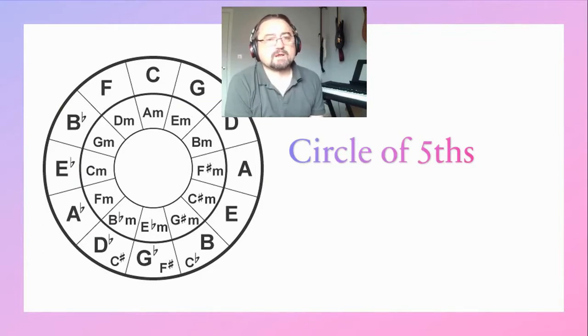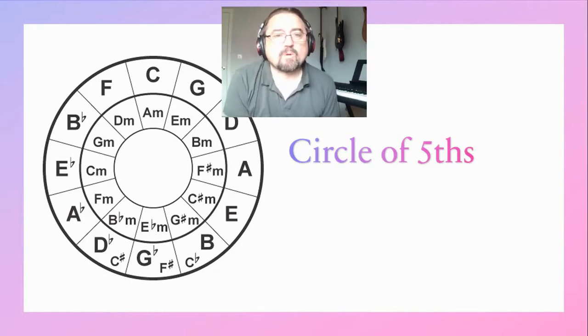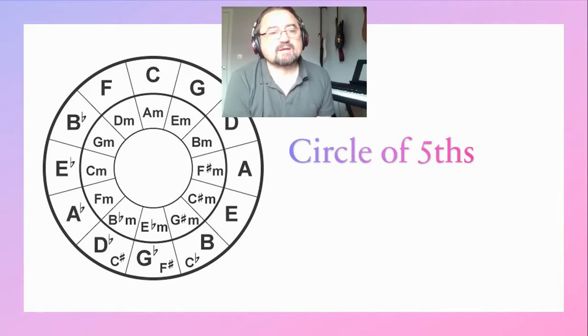Going the opposite way, anti-clockwise, it would be the circle of fourths: C, F, B flat, E flat, A flat, D flat, G flat. To avoid confusion, we will do that next time. Today we're just going clockwise: C, G, D, A, E, B, and F sharp.